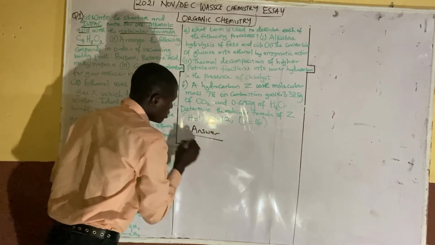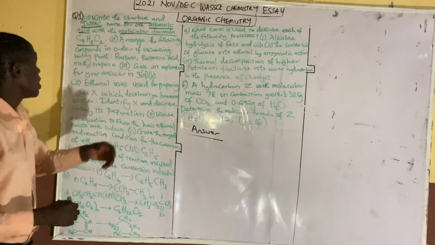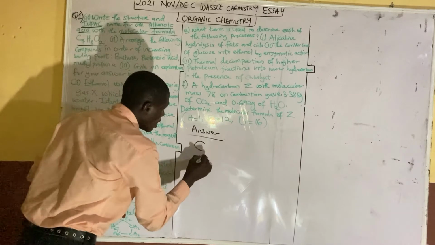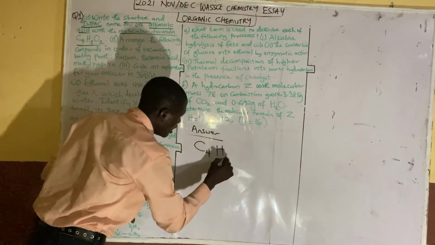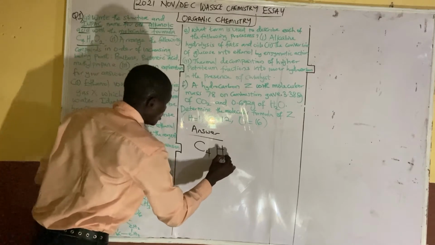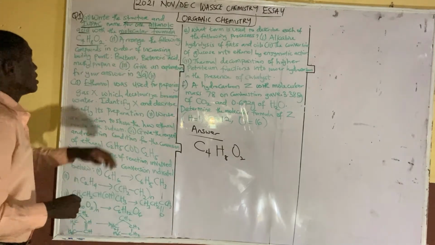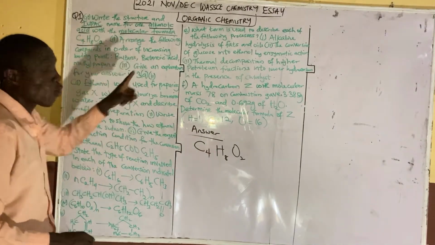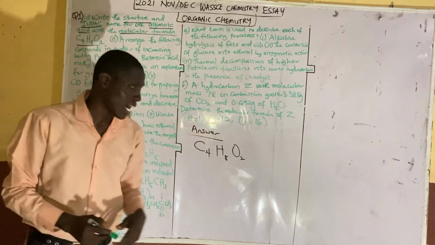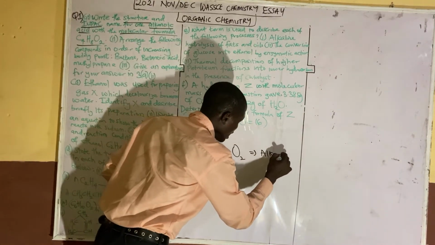Now let's go to the answer and solve the question before us. The first thing is that we are asked to write the structure of C4H8O2, which is the molecular formula for this compound, and we are told that the compound is an alkanoic acid.